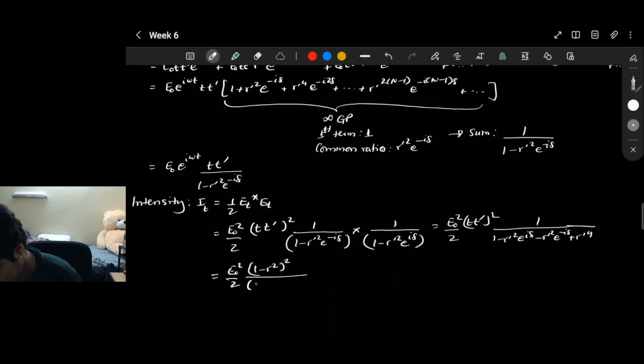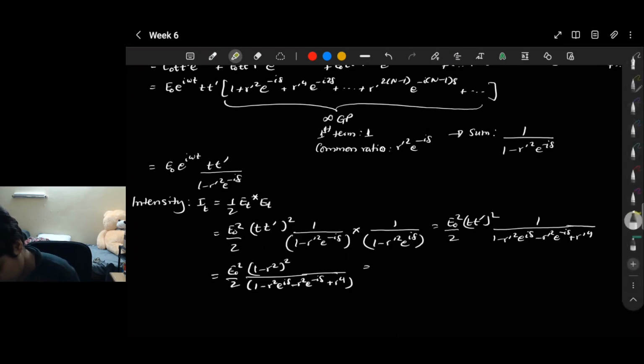In the denominator, I have 1 minus, this is r squared e to the power i delta, because r prime is minus r. Okay, so this term I can call I naught.